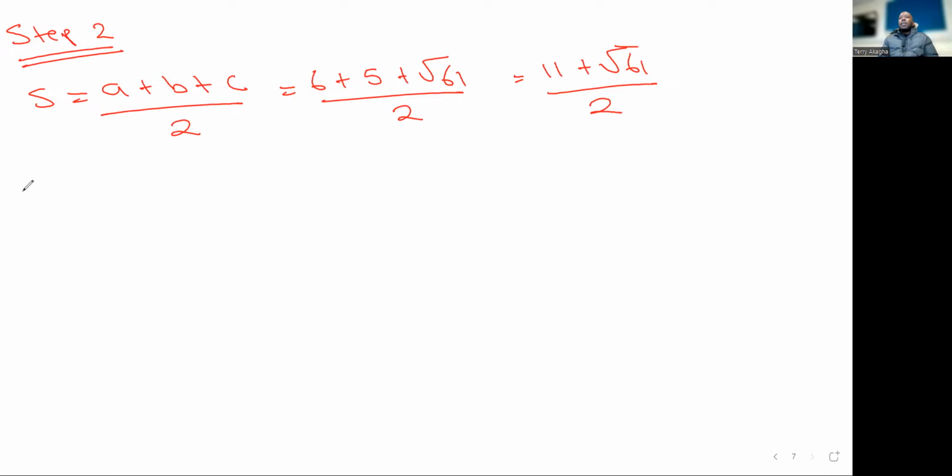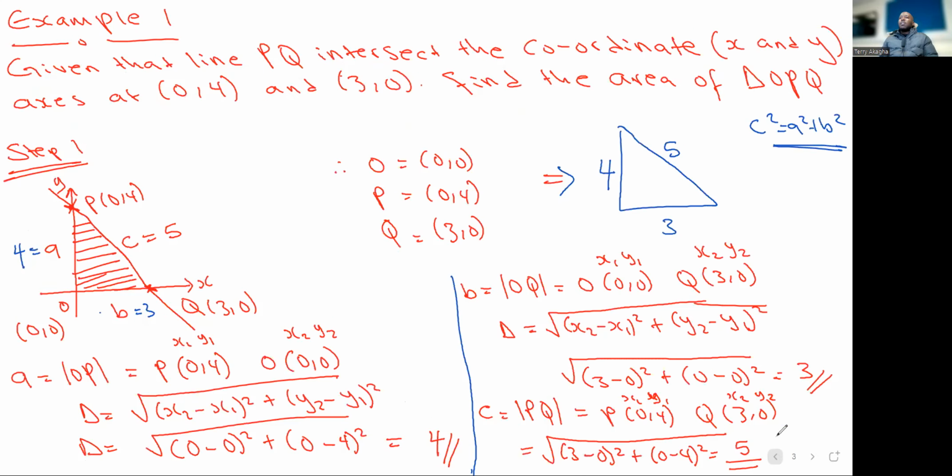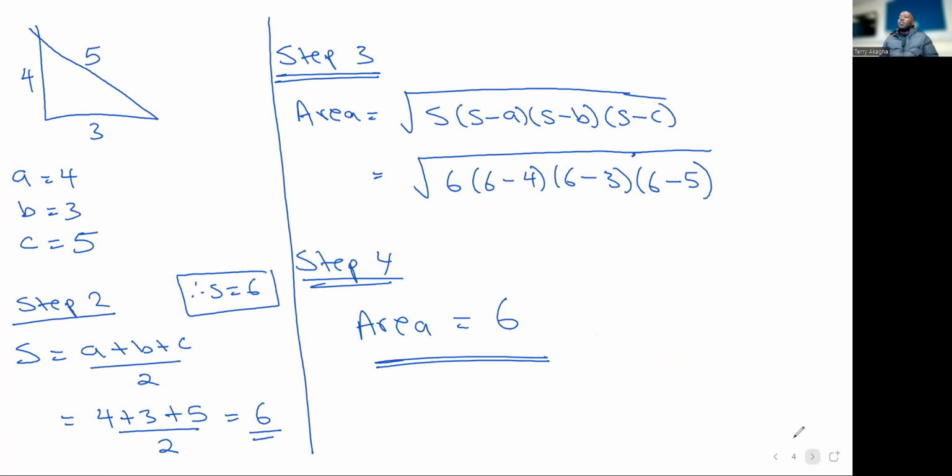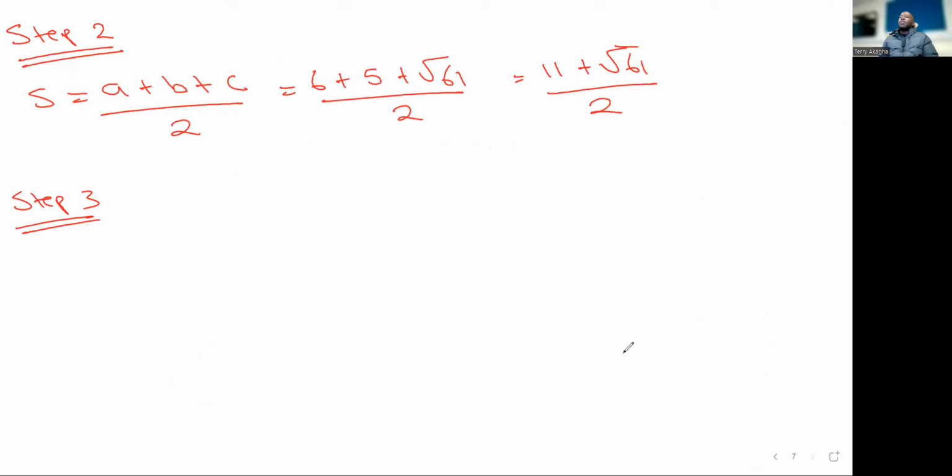Then step 3. So step 3 now said we should find the area. We should substitute the A, B, C, and S into the formula for the area, which is the square root of S, S minus A, S minus B, and S minus C. All right? So let's do that.